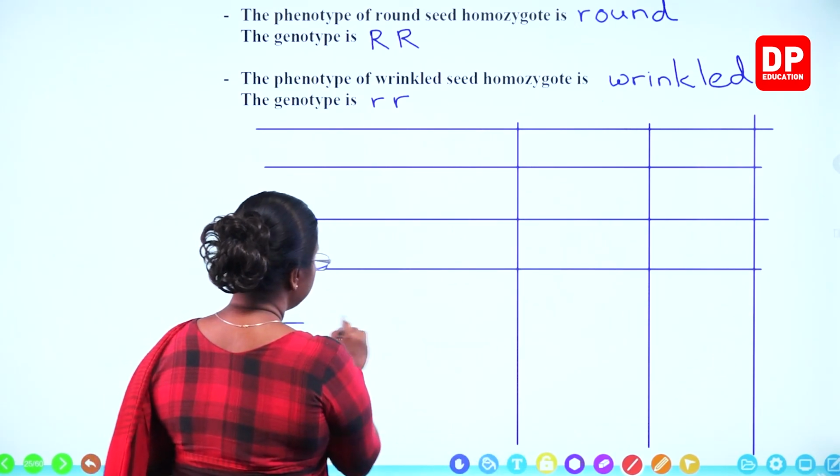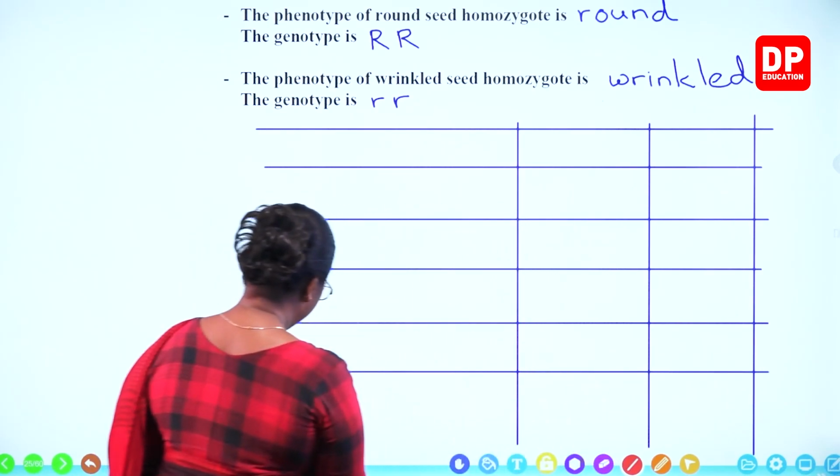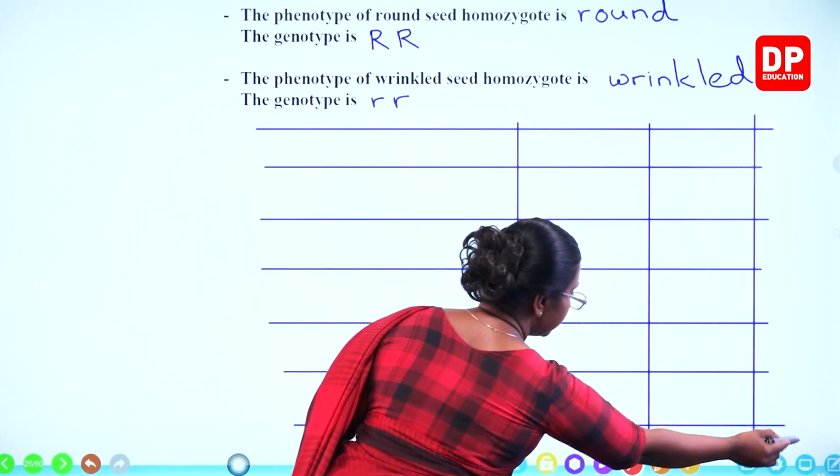If we make a table like this for a few characteristics, you all can also try it on your own, students.